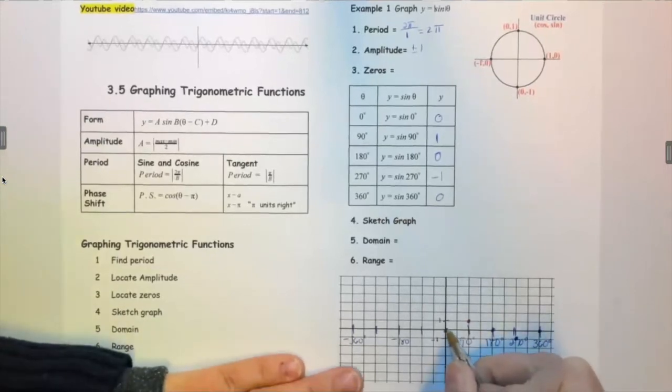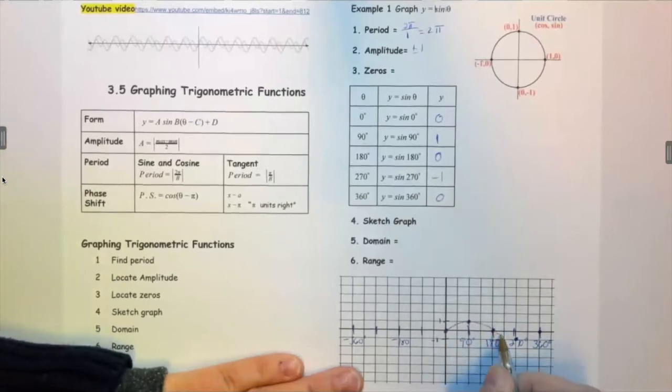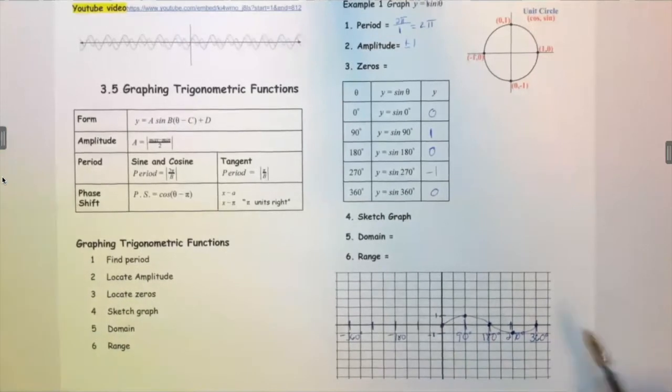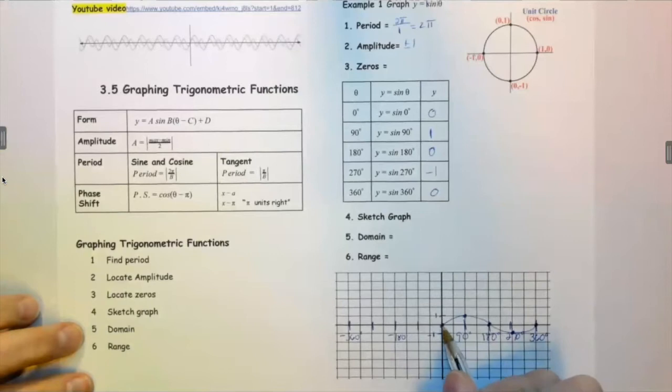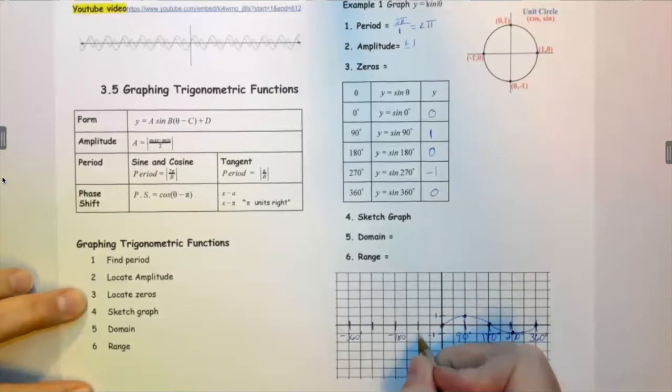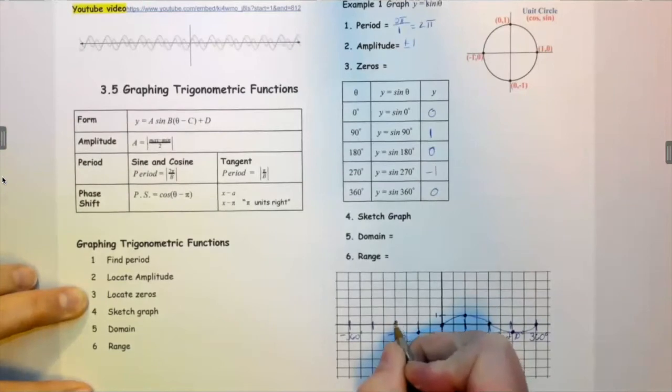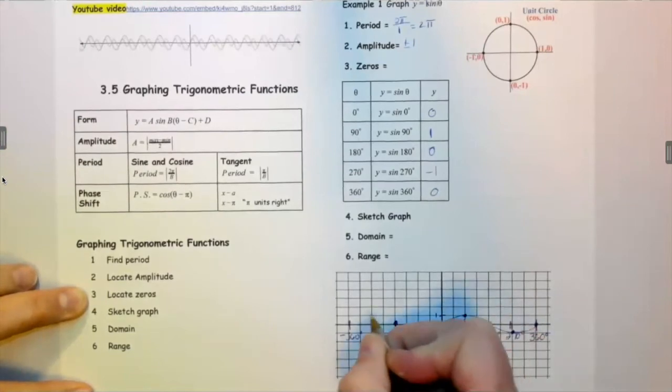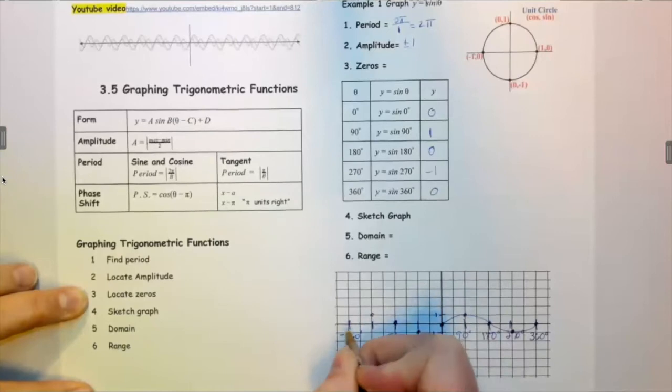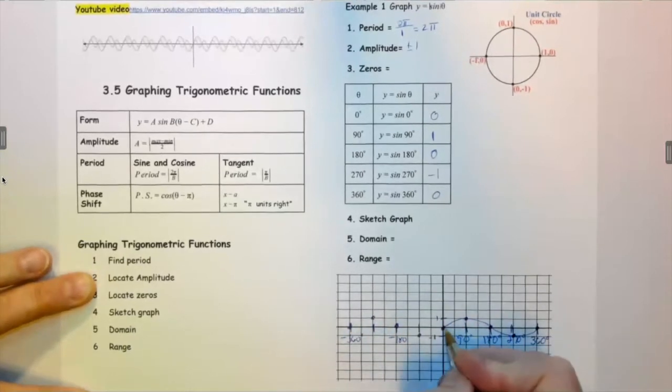We're on the axis, above the axis, on the axis, below the axis, on the axis. And I could use that same pattern on the other side. I am on the axis, and then I am below the axis. I am on the axis. I am above the axis, and I am on the axis.